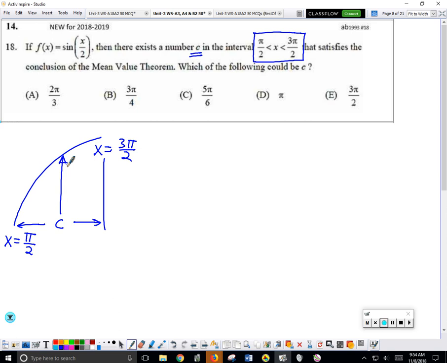So somewhere there's a c that satisfies the conclusion of the mean value theorem. On the AP test, you can abbreviate mean value theorem as MVT if you'd like. The mean value theorem is really simple. We've talked all year about secant slopes and tangent slopes. The mean value theorem connects them.